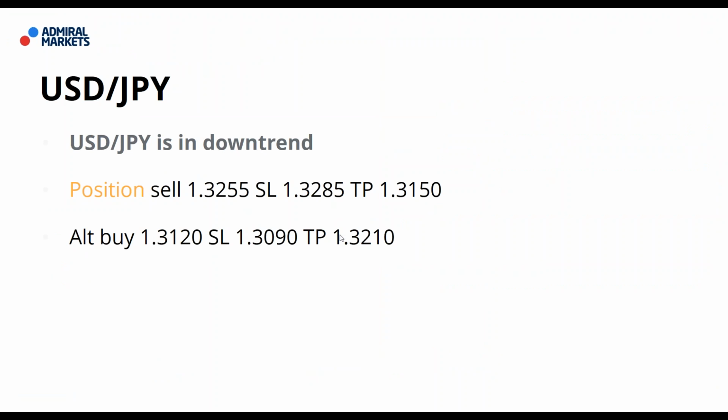Dollar yen is in downtrend. We have a positional sell possible, 32.55, 32.85 stop, TP 31.50. Alternative buy 31.20, 30.90, stop 32.10 is possible. This is a typo, so the slide should read dollar CAD, guys. So this is dollar CAD. I will correct it right away.